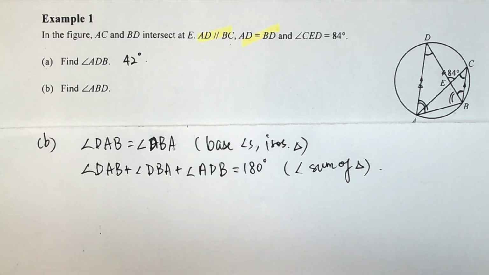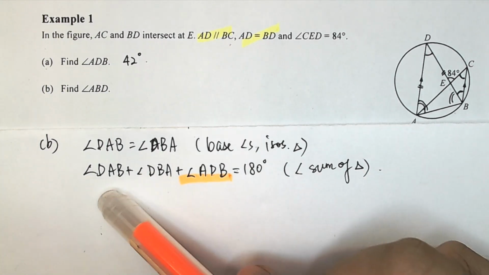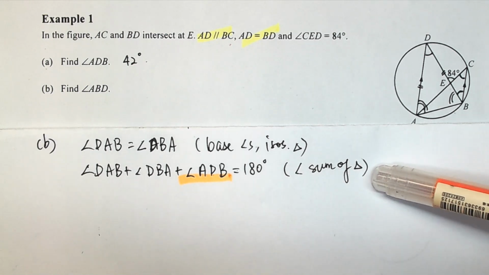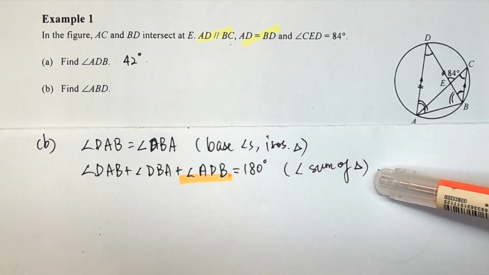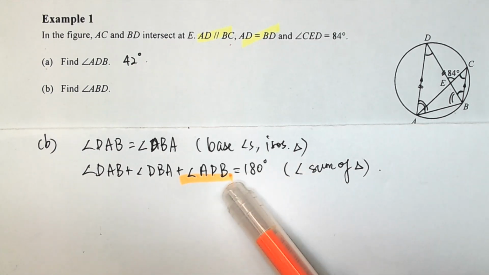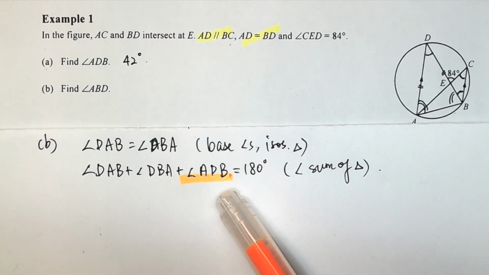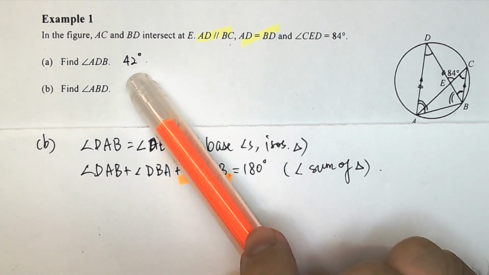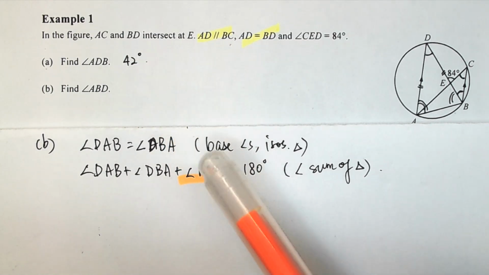Okay, 2 points to note here. Number 1, please be reminded that you are suggested to write the original form of angles when a reference is attached here. So I do not suggest writing 42 degrees here in the first line, although you know the fact that angle ADB is 42 degrees.